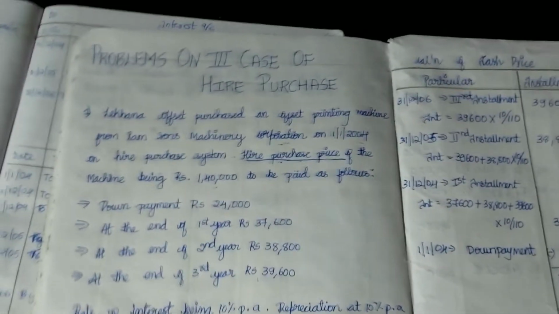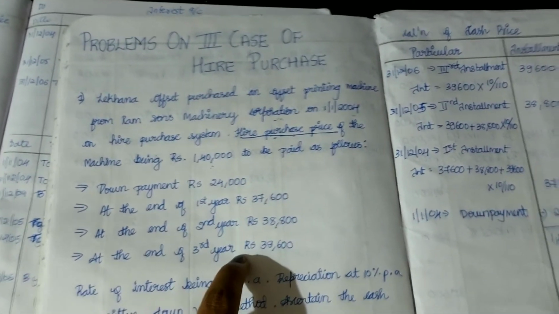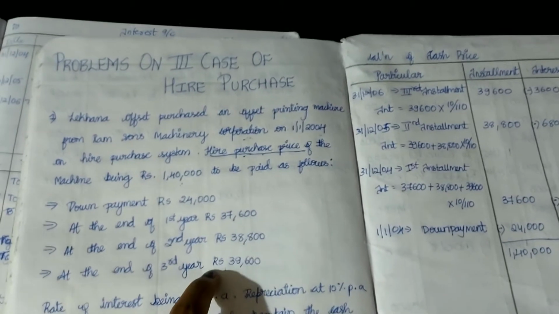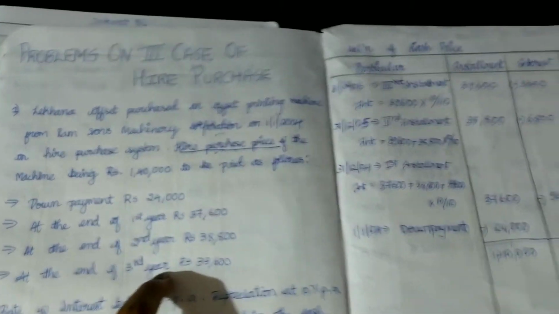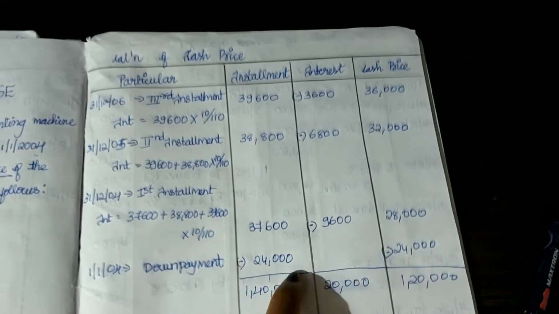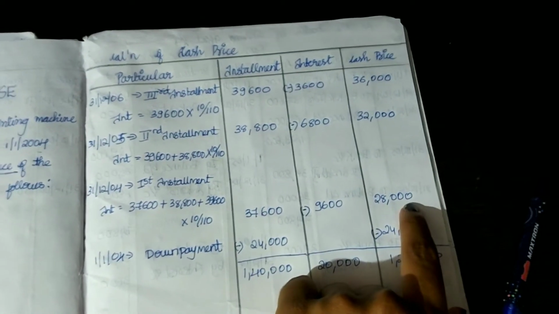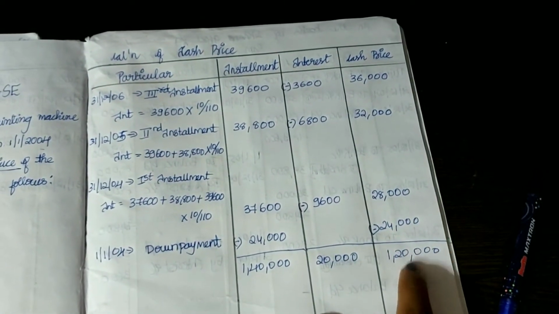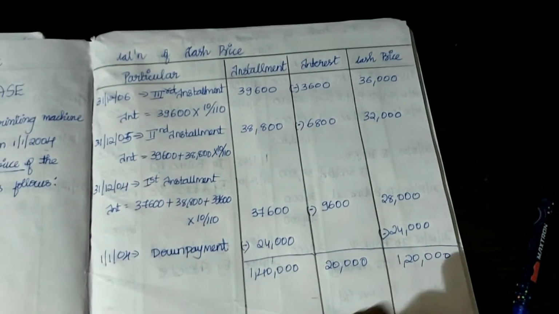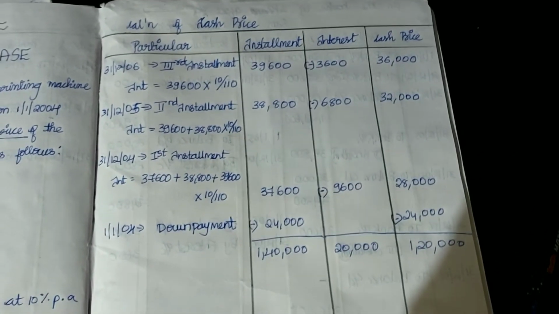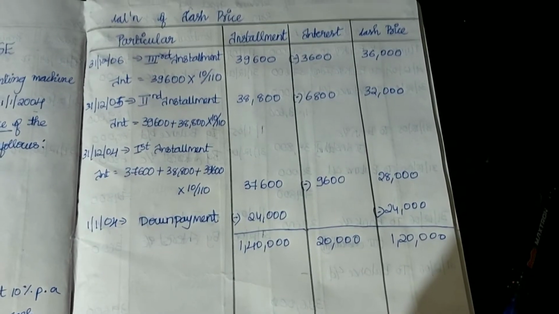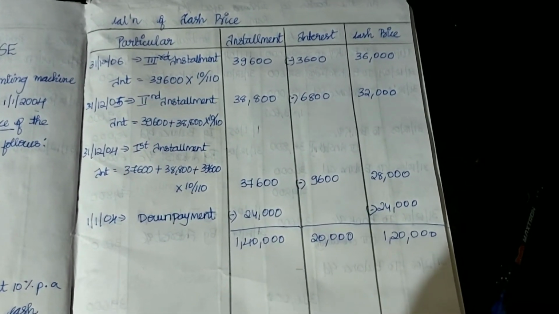In the question, the amount given was the price which includes the interest. So what we did was we found the cash price, the price which doesn't include interest. So this is the calculation of cash price under the third method or third case of hire purchase.